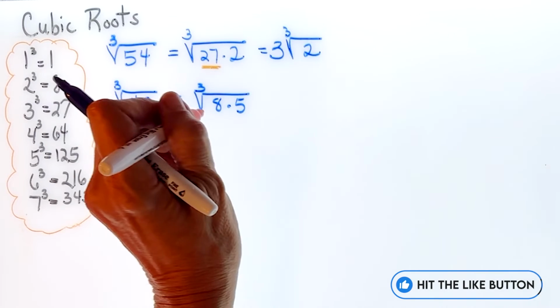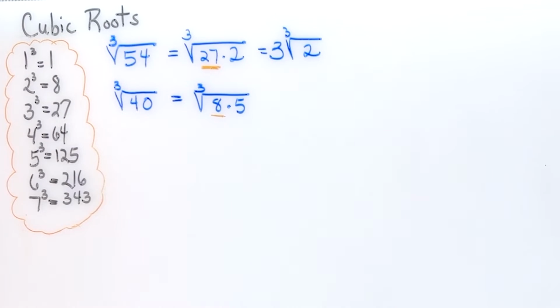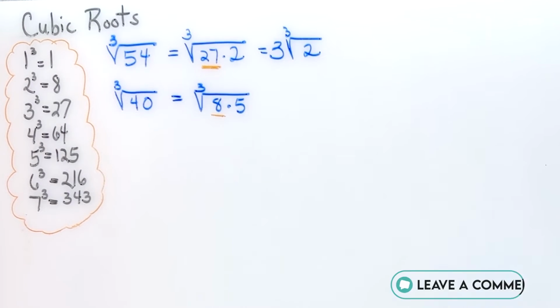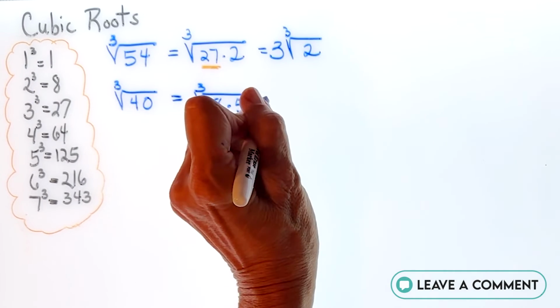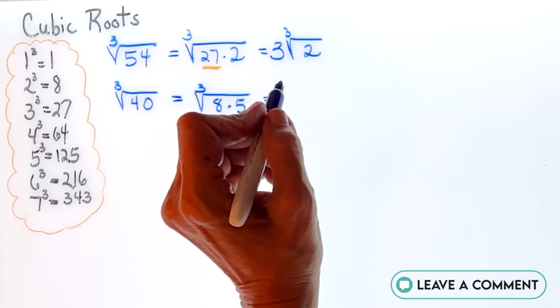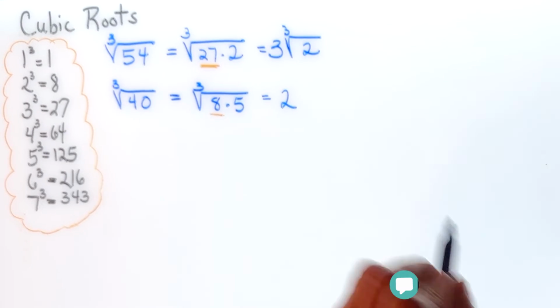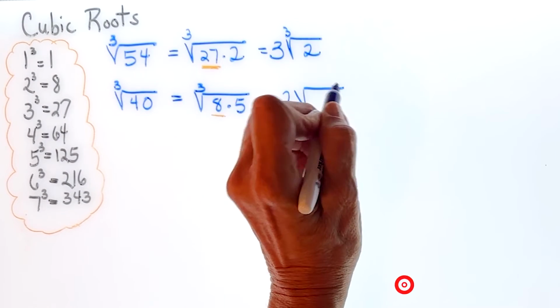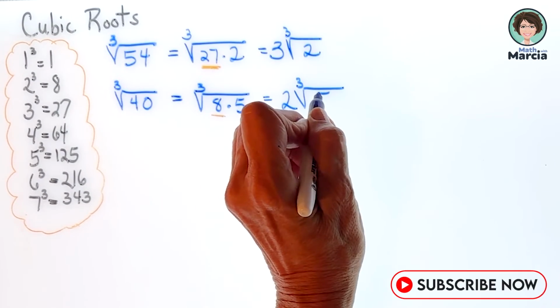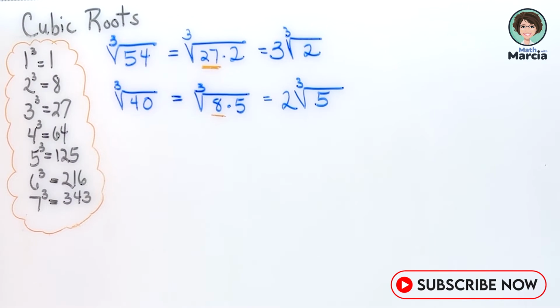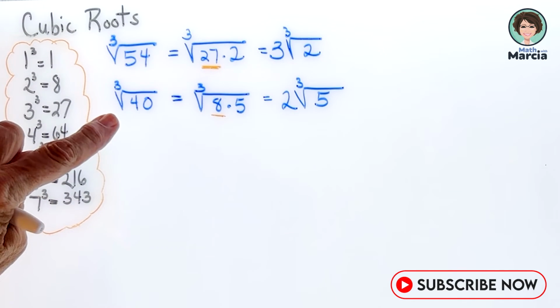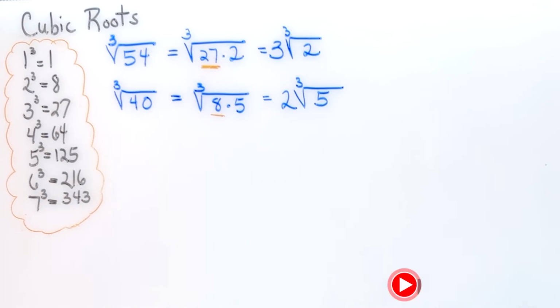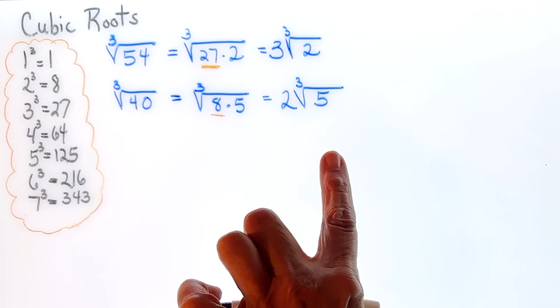Looking at our little list, we see that the 8 is a perfect cube. So I can simplify it. 2 is shown coming out of the cubic root, and 5 is still inside. So the cubic root of 40 is equal to 2 times the cubic root of 5.